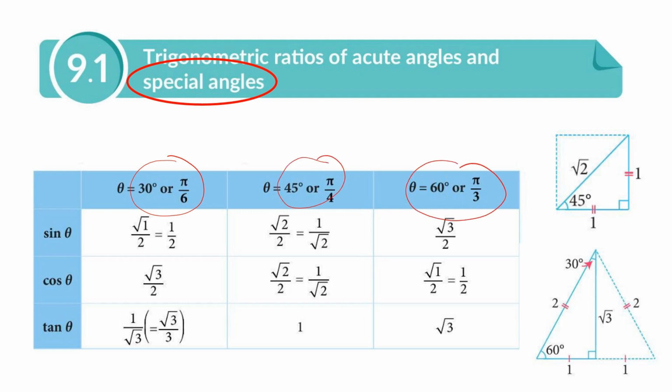This is a table that you need to be very familiar with. In some cases, the question might ask you to find exact values, or leave the answer in exact values. So you will need to know exactly what that means. When we say exact value, it simply means that in the final answer, you are expected to leave the answer in terms of pi.